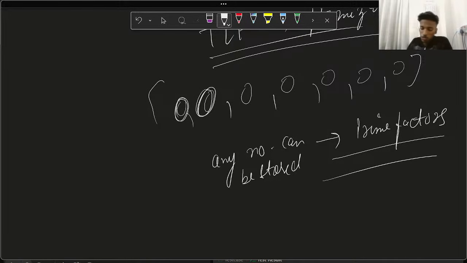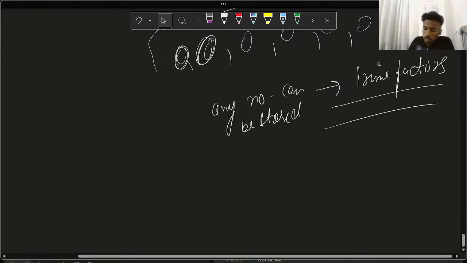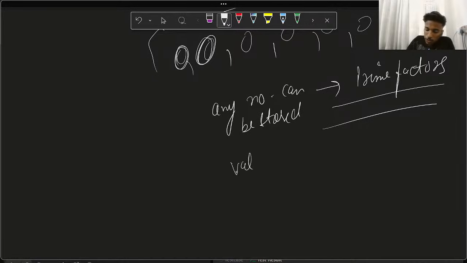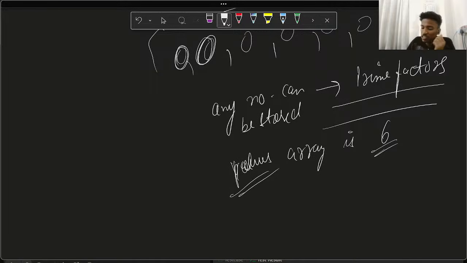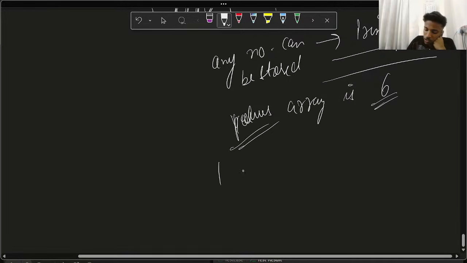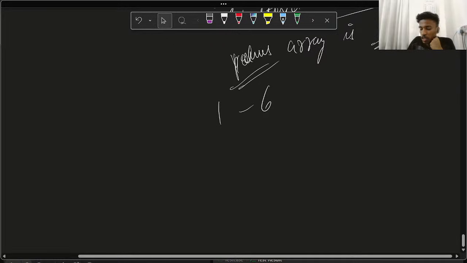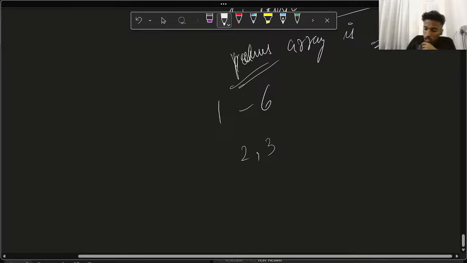So this was my second approach. Like I thought I would transform this val array. Since this powers array is getting large, of size 6, I would say, how can I reduce this powers array? If you see from 1 to 6, what are the prime factors of any number? 2, 3, 4, 5, 6.